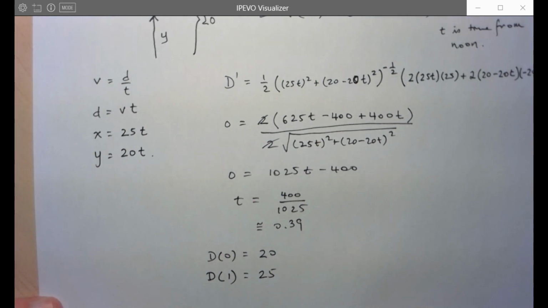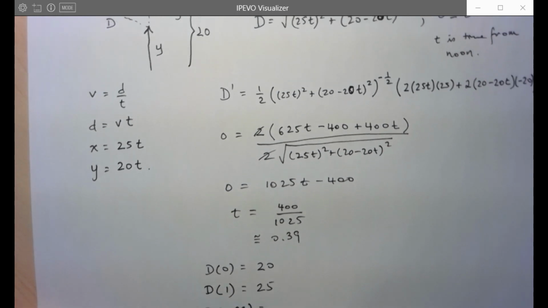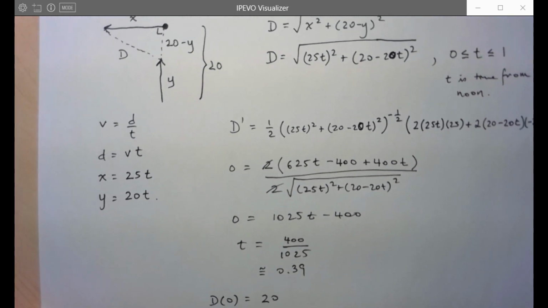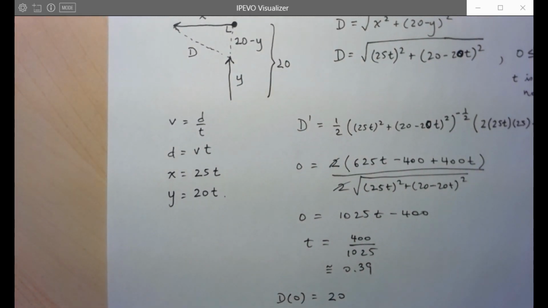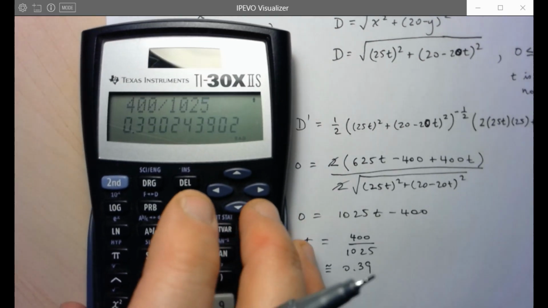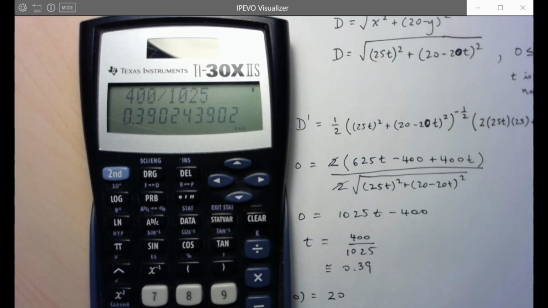And now let's put in d at 0.39. Let's use our calculator for that one. I'll save the square root for the end.